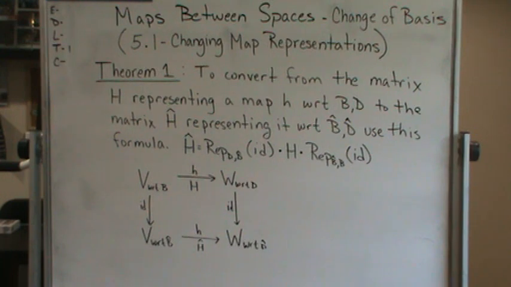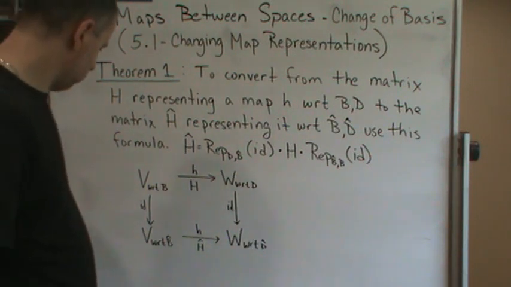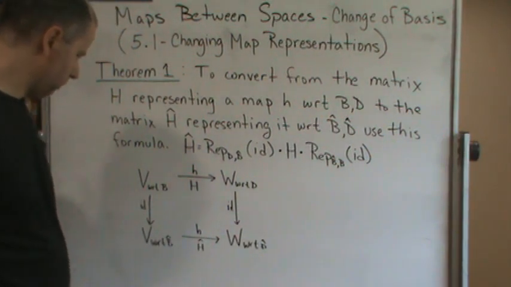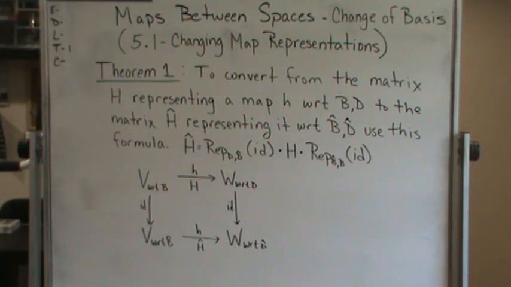So to move from the lower left to the lower right, we can either go straight over, right? Here. We can go straight over, or we can go around.